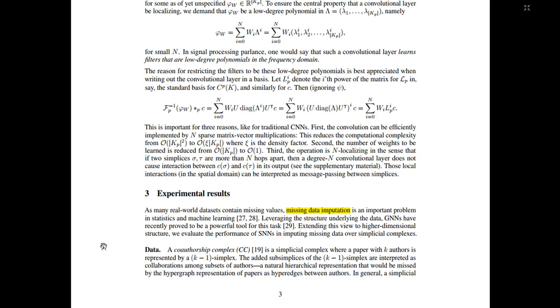So on our simplexes we have missing data and we are inferring the data using the new network that we have.